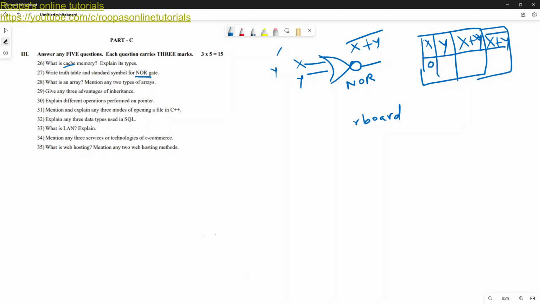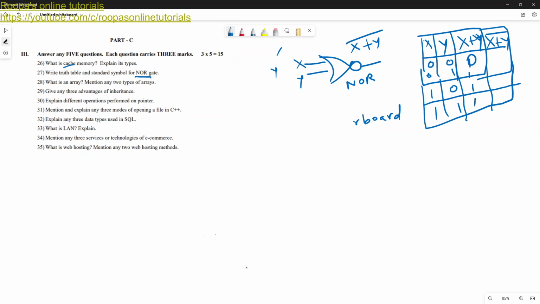So you can write 0 0, 0 1, 1 0, and 1 1. We already know that an OR gate will be 0 for the first one, and the rest of it will be 1, 1 and 1.